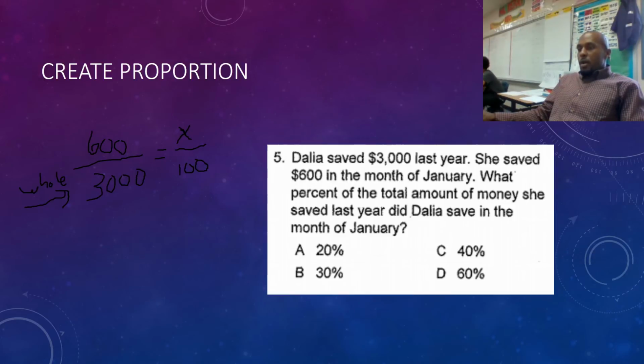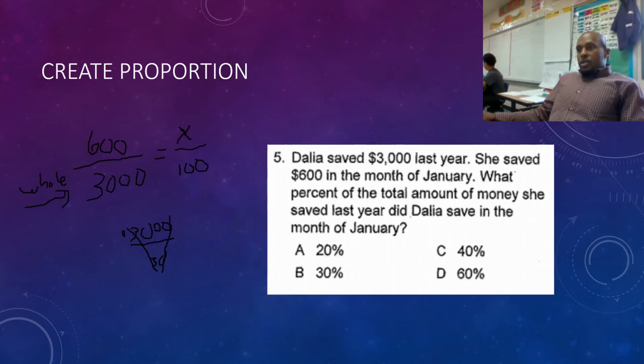To go from 3,000 to 100, we divide by 30, right? 3,000 divided by 30, that cancels out the 0, and these 3's turn into 100.